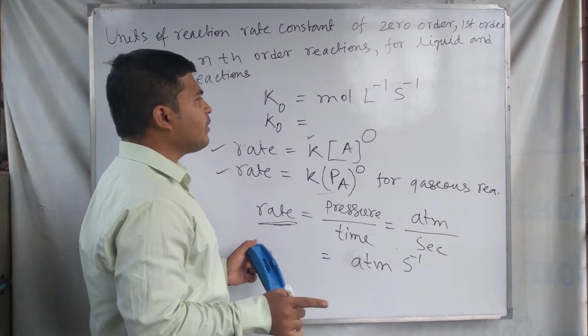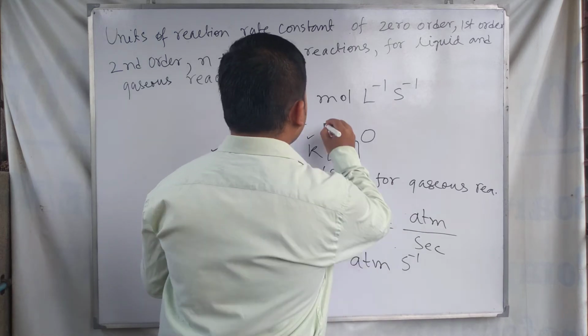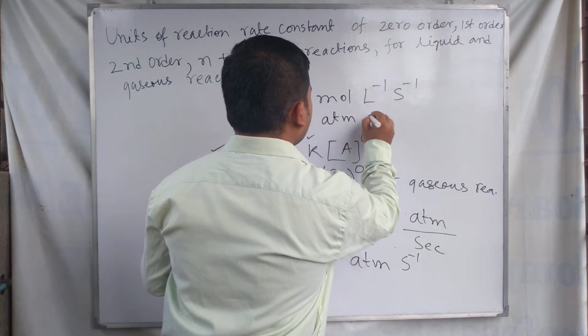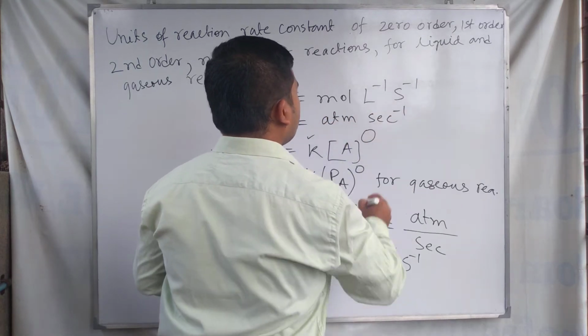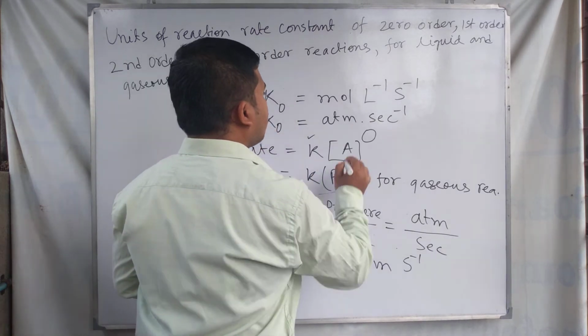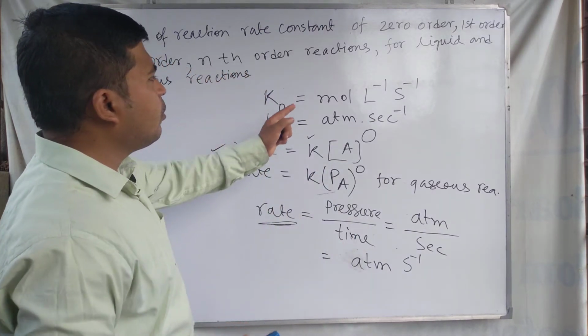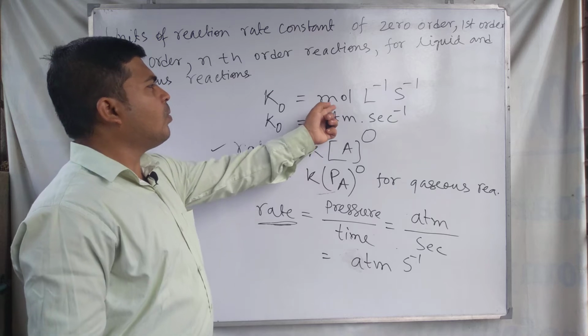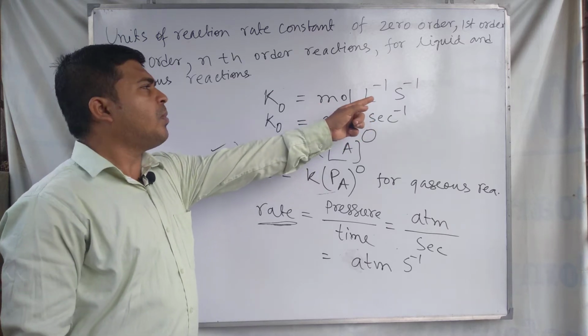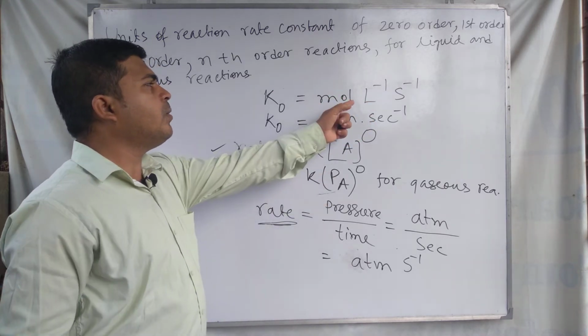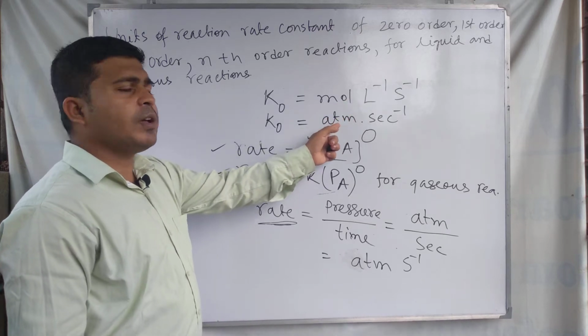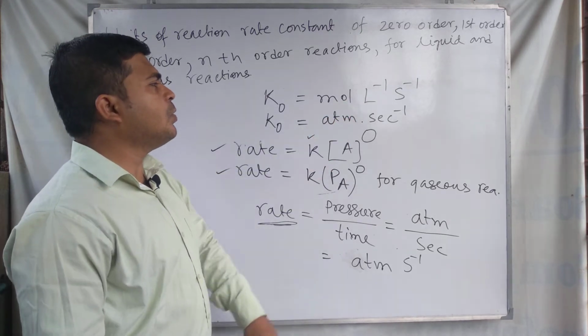In the gaseous reaction it has the unit of atm second inverse, and in the liquid medium the unit is mole per liter per second. That is the liquid medium unit, and this is the gaseous medium reaction unit.